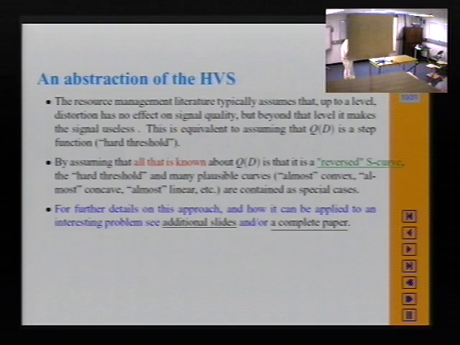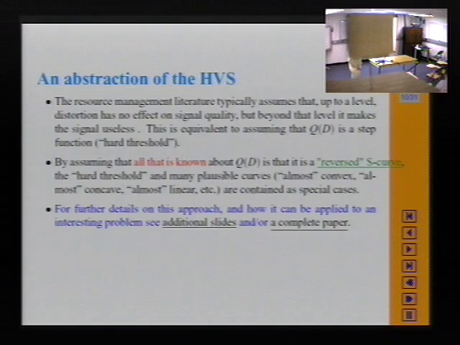So what the research management literature does is as follows. They assume that distortion doesn't count up to a value, but beyond that value, it destroys the signal. It's like an all or nothing thing. I mean, they don't write it this way, but what they do is equivalent to that, because what they do in the papers is that they say something like, let's choose power to hold end-to-end distortion to a value.